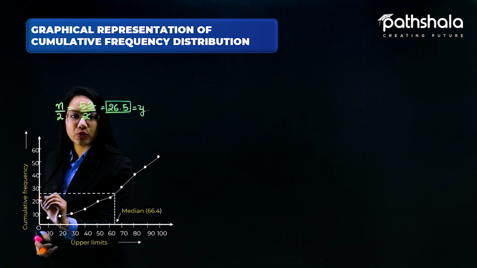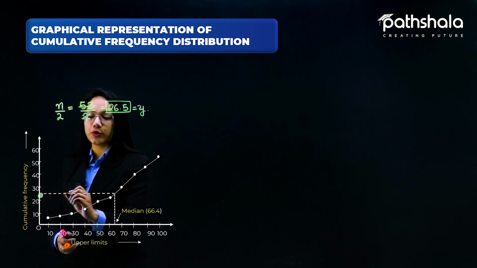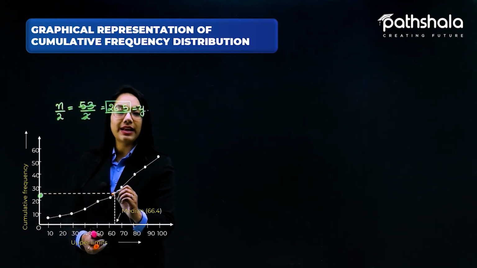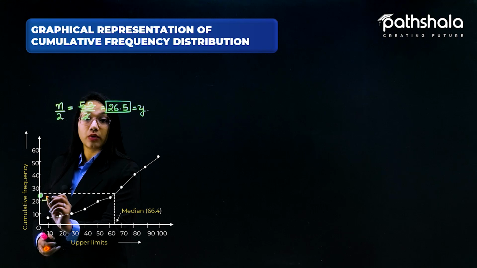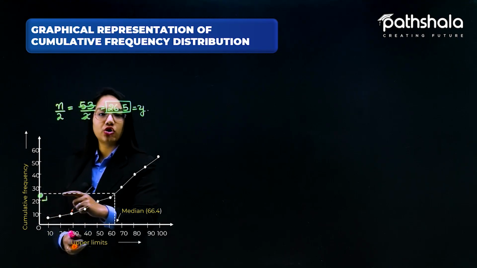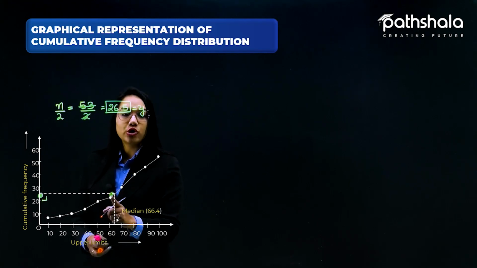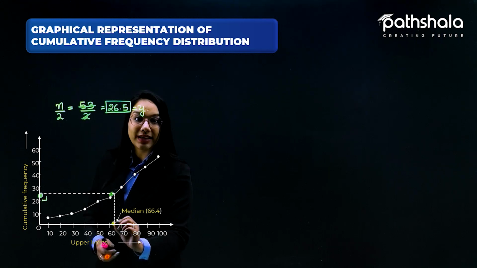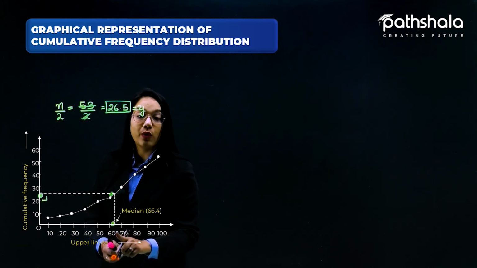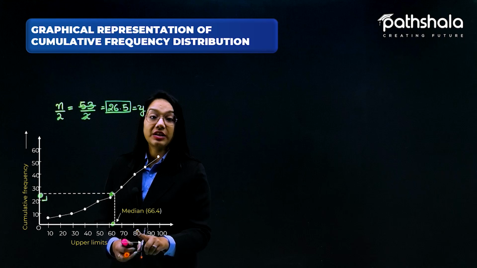Let us suppose I take this point as 26.5, and draw a line to this less than type curve, perpendicular to the y-axis. Wherever it intersects the curve, from that point of intersection I draw a perpendicular onto the x-axis. Wherever it cuts the x-axis, that point is the median, and hence the median is coming out to be 66.4.